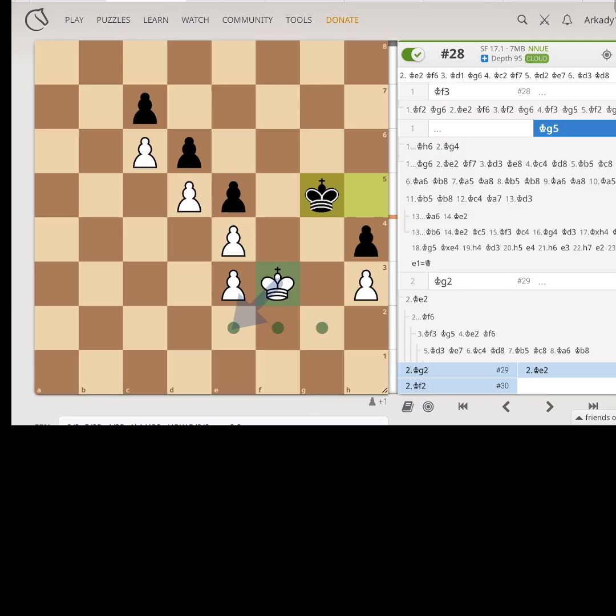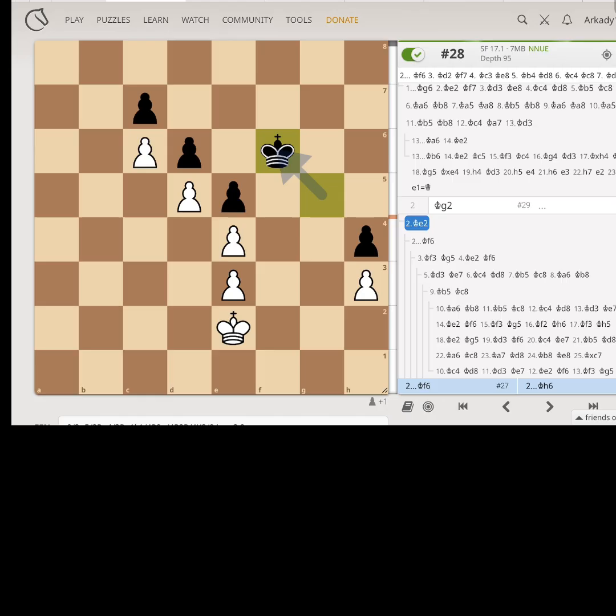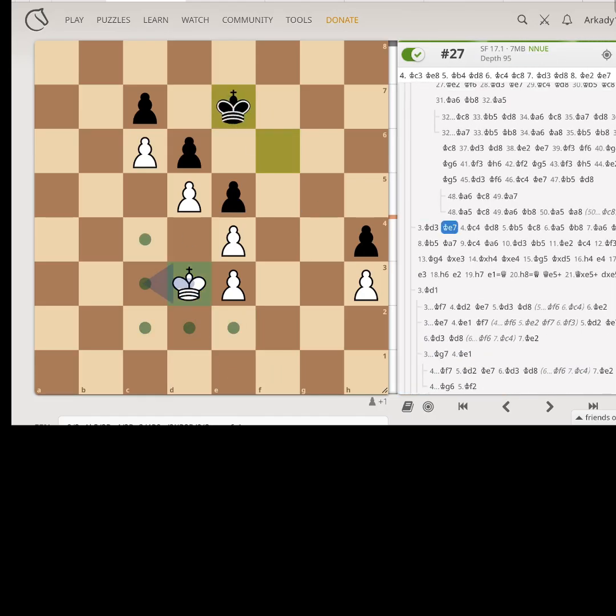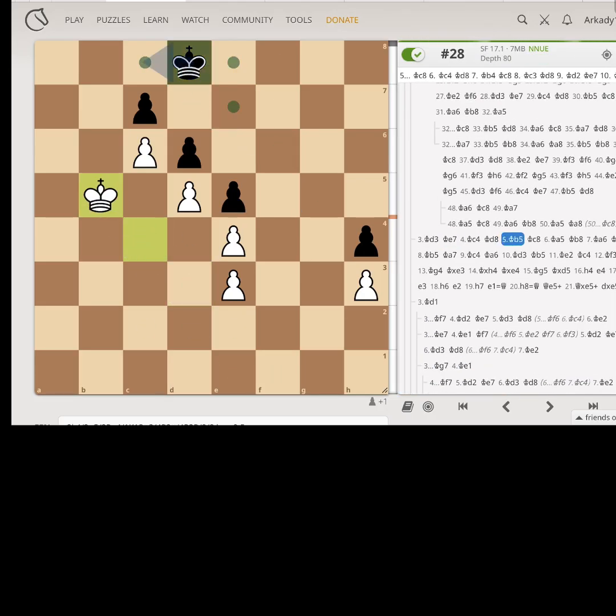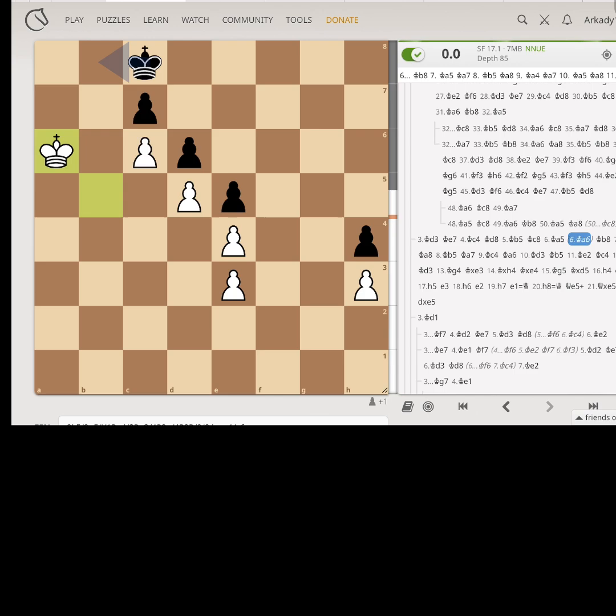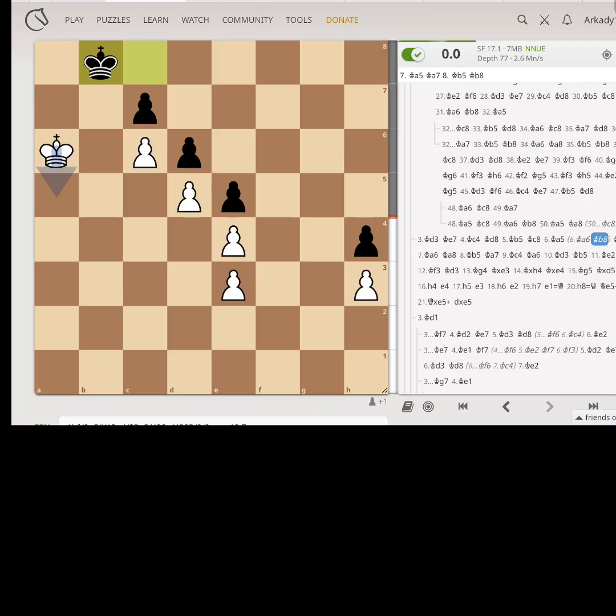So let's check. White moves, black moves, white, black, white, black, white, black. And when white steps on a6, black needs to step on b8. And a6 and b8 are another pair of corresponding squares, because black must be on this square.